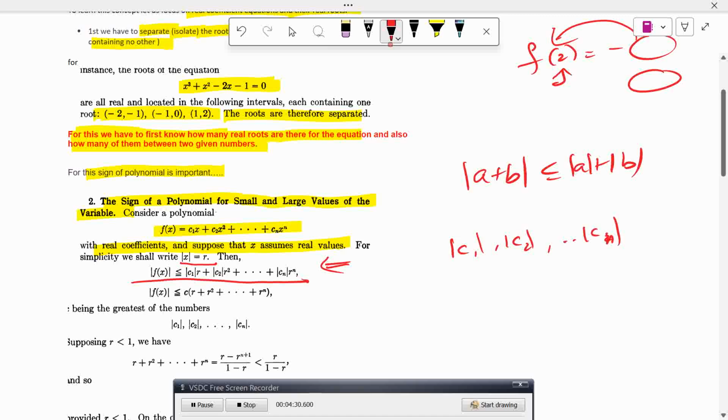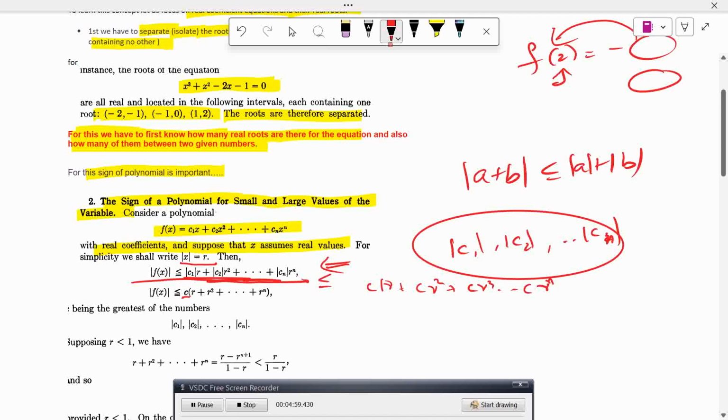Okay, these will be some numbers, right? If we take the maximum of these numbers, suppose the maximum is c, then this expression will be less than or equal to c r plus c r2 plus c r3 etc. c rn, right, because these are bigger.